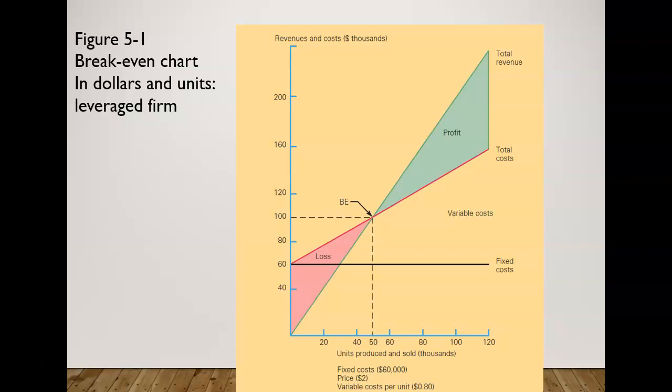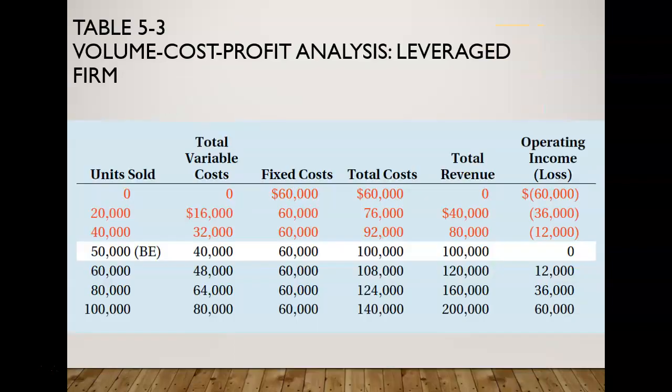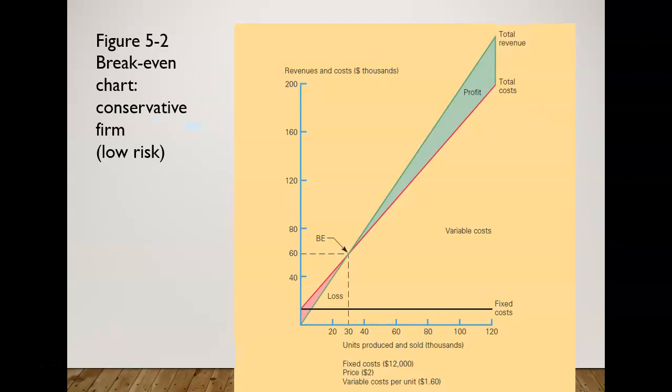However, above that break even, where the firm is able to make sales and generate revenue, you see that profit continues to widen for the less conservative firm, the firm that's willing to take more risk. That profit will grow much wider compared to the more conservative firm.